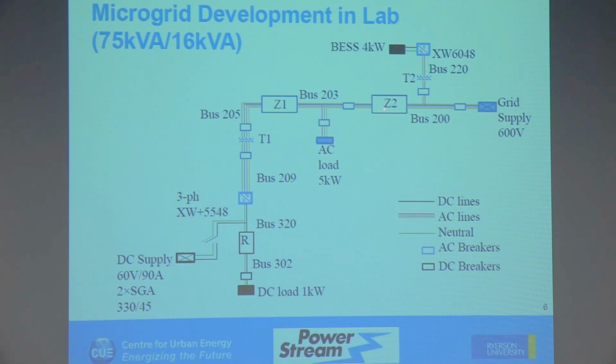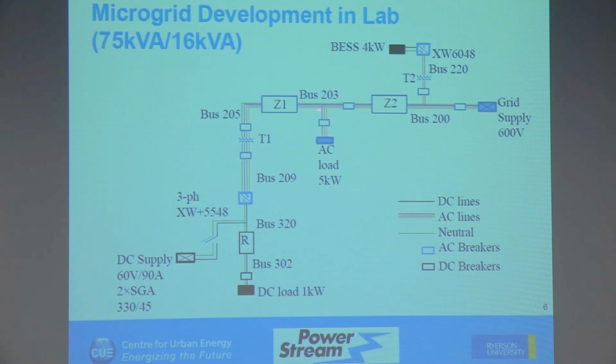Then I have 2 impedance boxes here which act as a 3-phase feeder impedance. Z1 and Z2 are feeder impedance boxes. These actually represent the feeder impedance of PowerStream's feeder in Vaughan from the Greenwood station, feeder M21. If you measure impedance from bus 200 to bus 205, it will give you the whole feeder's impedance.